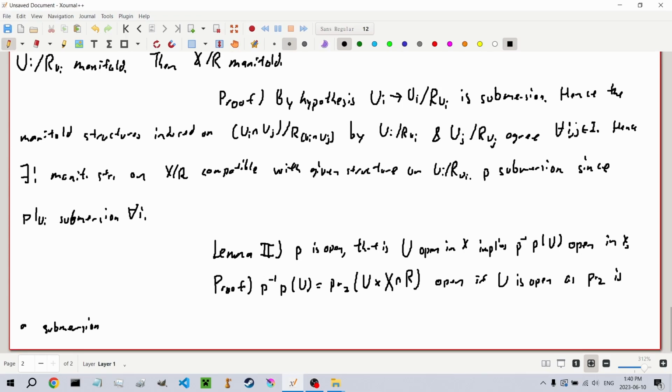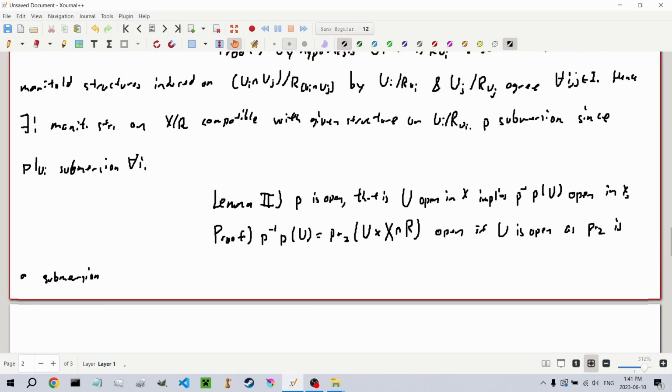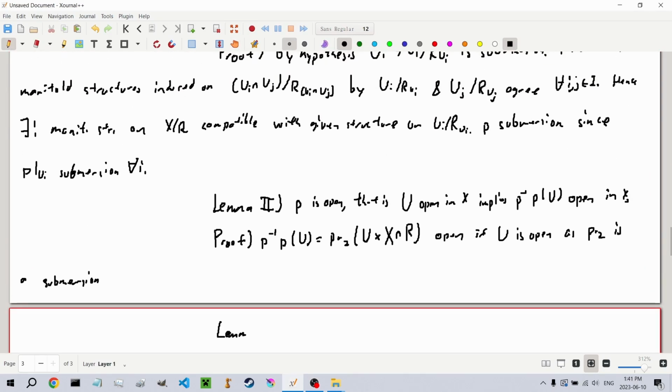Alright, let's go on to our next lemma here. Let U be open in X. Suppose that P inverse of P of U is X, and that U over R of U is a manifold.